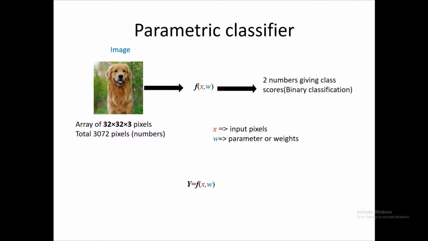And here the form of the function is unknown. We don't know how this function f is expressed. The function comes in a variety of forms, ranging from simple linear regression to complex deep learning models.